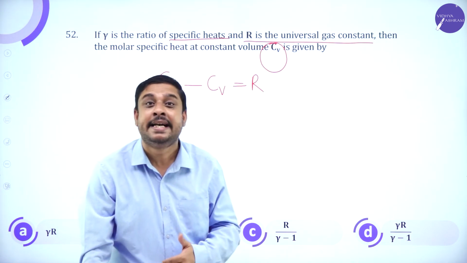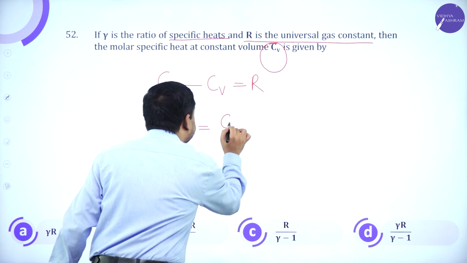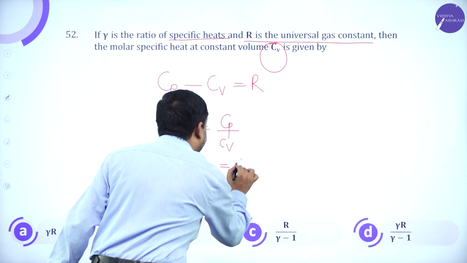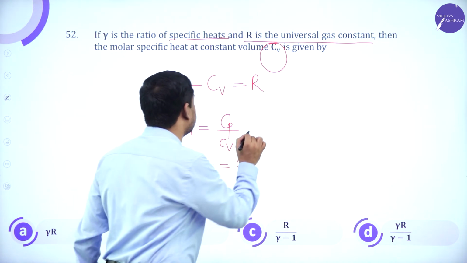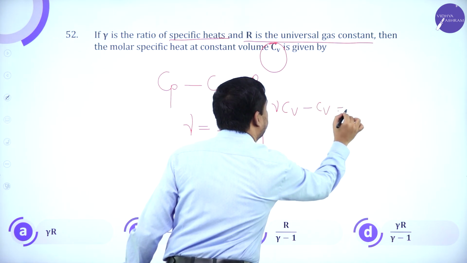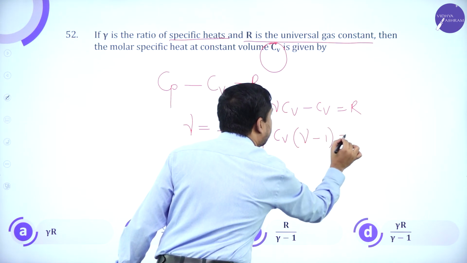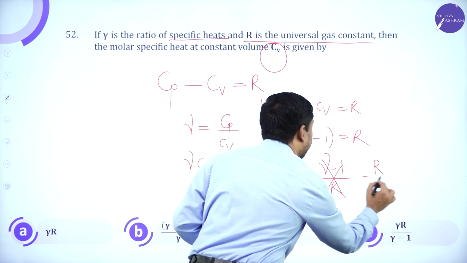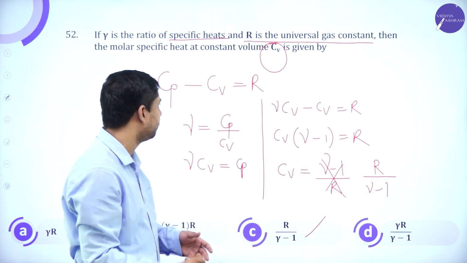Also, gamma is the ratio of specific heats. So gamma is Cp by Cv, or gamma into Cv is Cp. Substitute. Cp is gamma into Cv. So gamma Cv minus Cv is R. So Cv into gamma minus 1 equals R, or Cv is R divided by gamma minus 1, which is the third option.